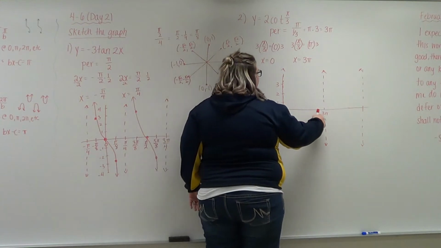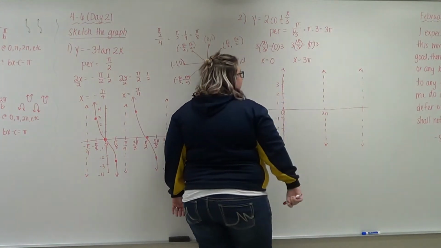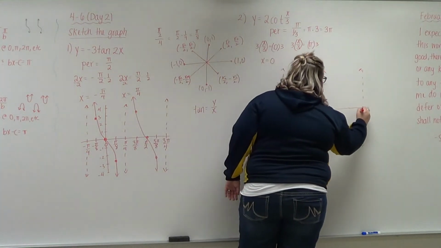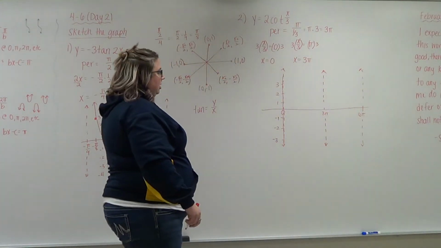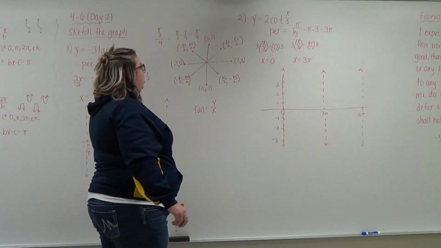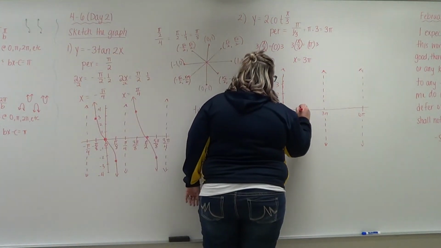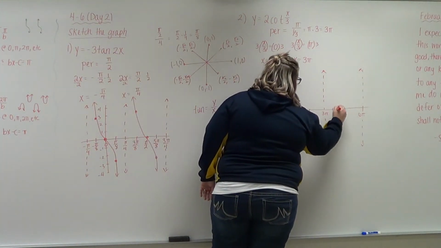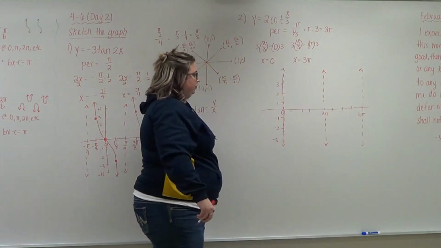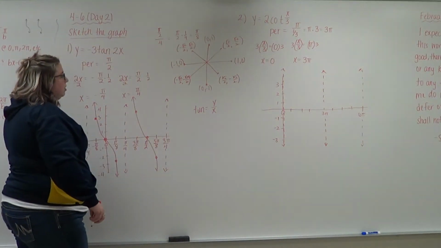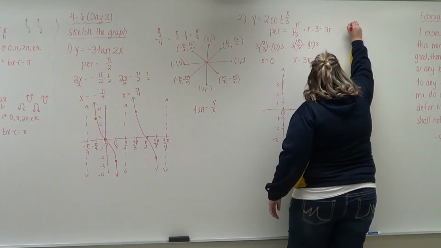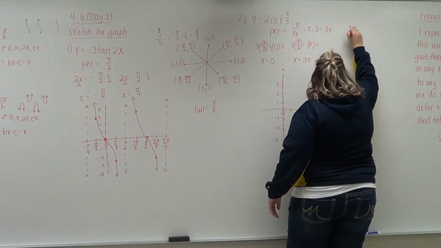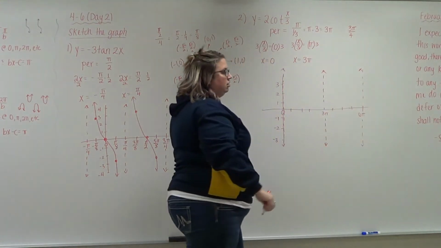So I ended at 3 pi. I add 3 pi to it because that's how long my period is. So I'm ending at 6 pi. And each period gets divided into 4. So if my period is 3 pi, I take my period and divide by 4.